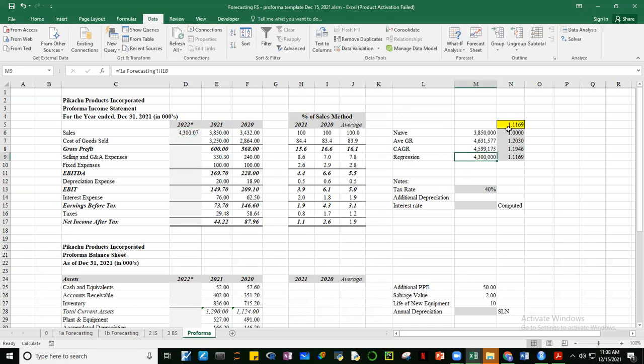Ito yon. Pero kung gawin ko itong 1.000, so dapat 3850 yan. If I change this to 1.2030, dapat 4631.55 yun ito. Okay? Hindi lang eksakto guys kasi ito, nirounded off natin. Tinype natin to, but this is not actually 1.2030.